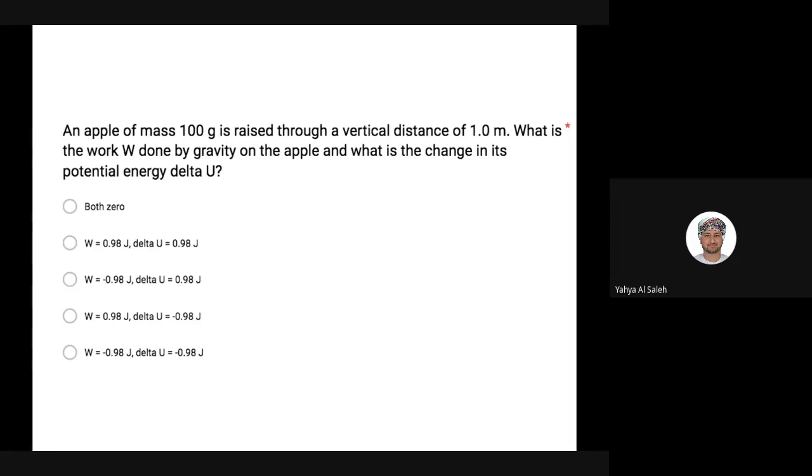I don't have these programmed into Moodle yet, so we'll just do them over the chat screen. Say an apple of mass 100 gram is raised through a vertical distance of 1 meter. What is the work done by gravity on the apple? And what is the change in its potential energy, delta U?